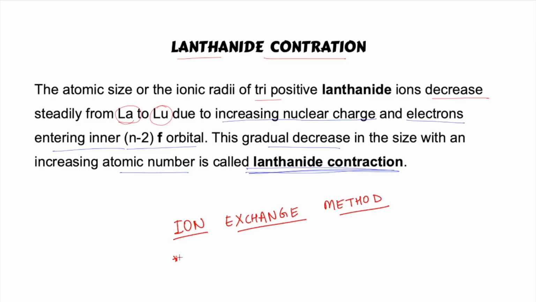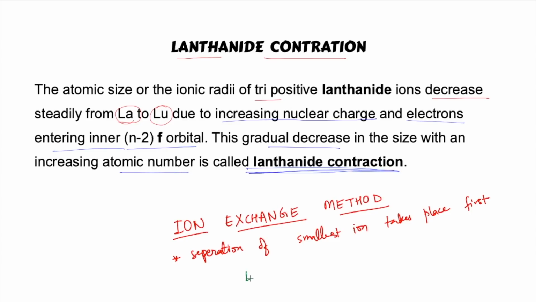So during the ion exchange method, the separation of the smallest ion takes place first. So who will come out of the ion exchange column first?